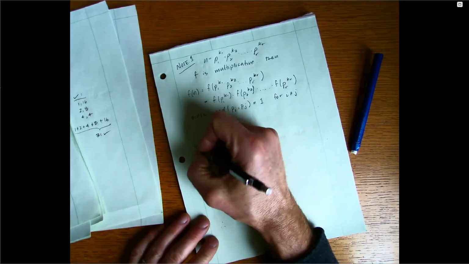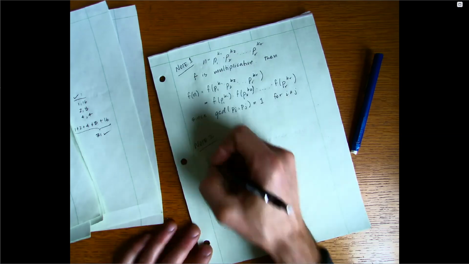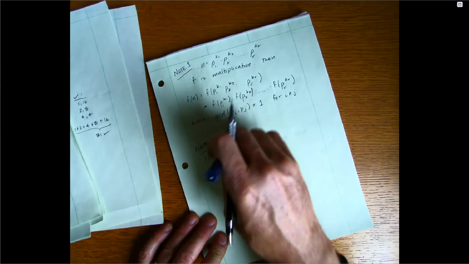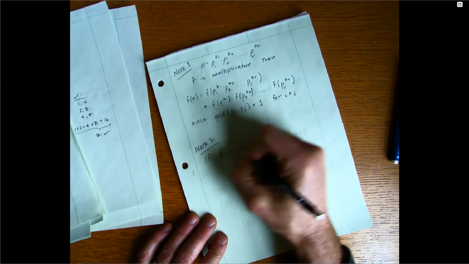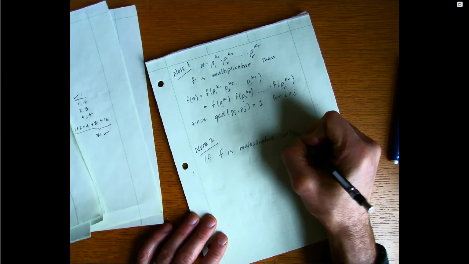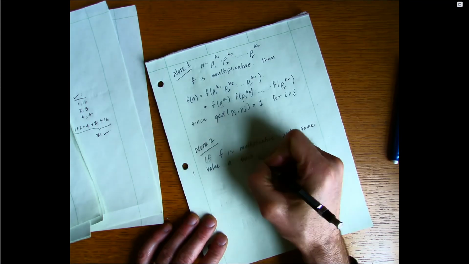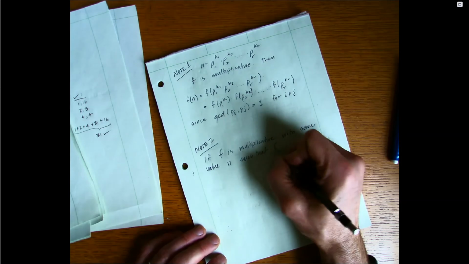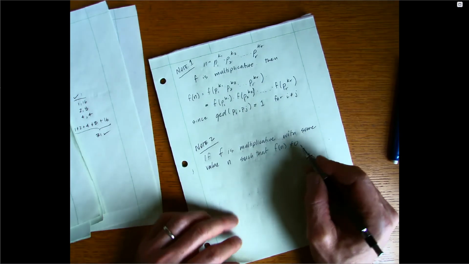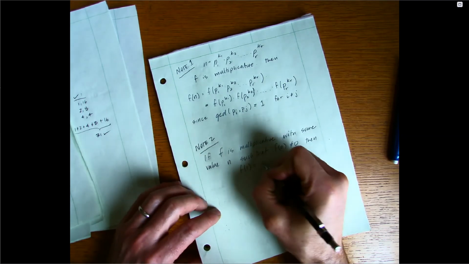Now let's take a look at another interesting note. Note 2: if f is multiplicative with some value n such that f of n is not equal to 0, so if there's at least one n where it's a non-zero function, then it forces the function's value at 1 to be equal to 1.